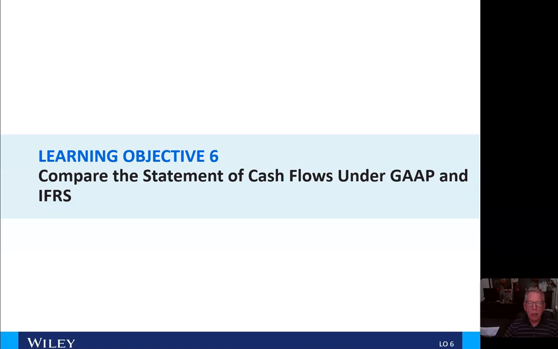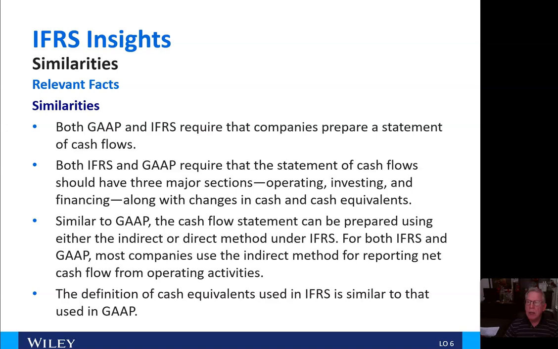Okay, let's take a look at comparing GAAP versus IFRS. And here, similarities include both GAAP and IFRS requires that the company prepare a statement of cash flows. Both IFRS and GAAP require that the statement of cash flows should have three major sections: operating, investing, and financing, along with changes in cash and cash equivalents.